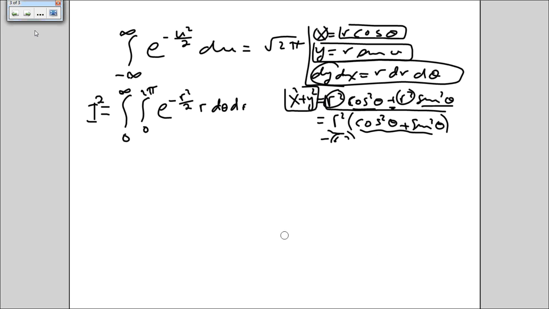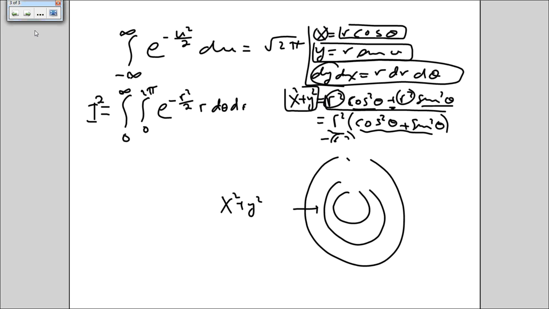You have x squared plus y squared, which of course is a circle, and x and y are getting bigger and bigger. So the circle is going to get bigger and bigger. That is why the radius first is 0 and then it goes out to infinity.